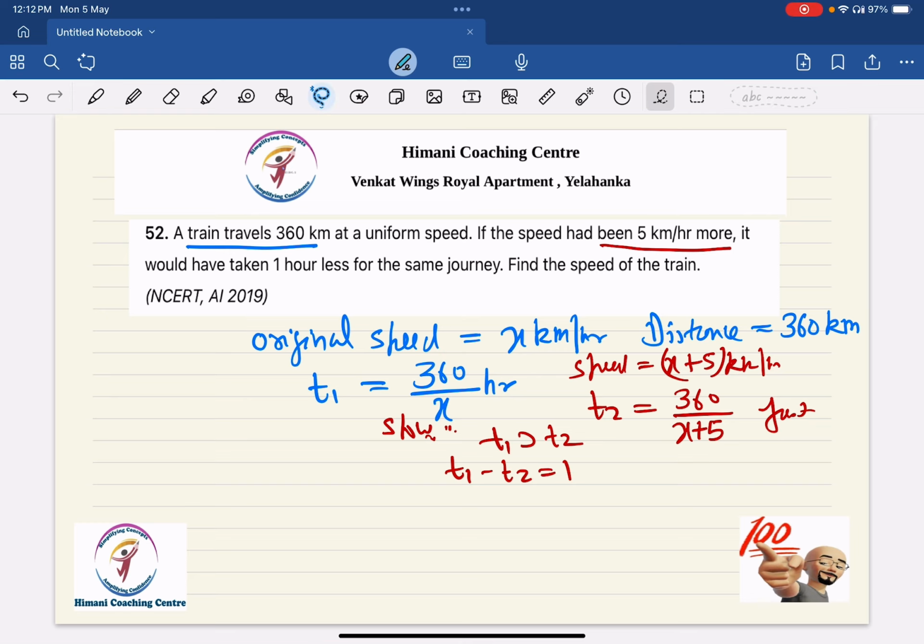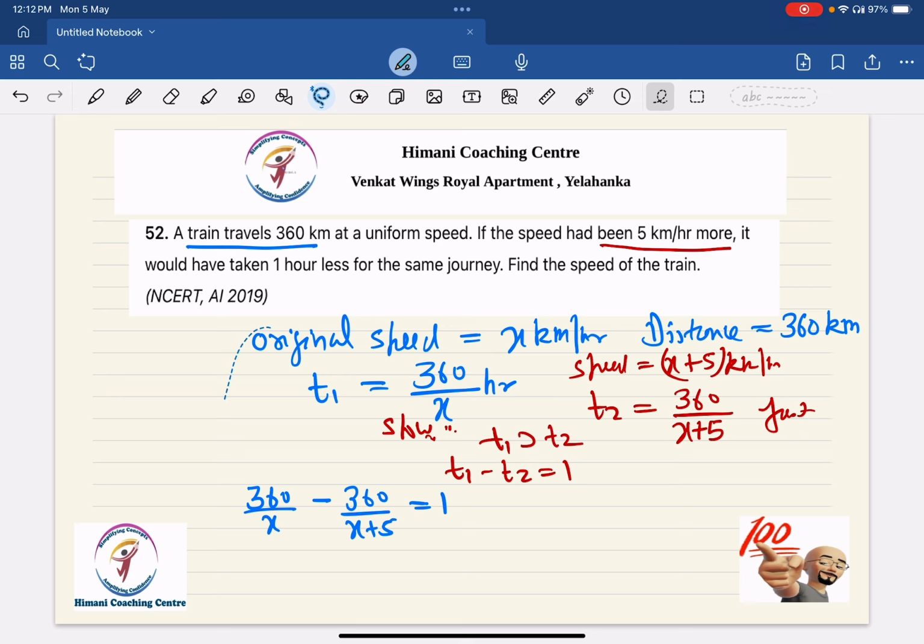So let us now make the equation and solve this. So we will write that 360 over x minus 360 over x plus 5 is equal to 1. Sometimes in the question they give time in minutes, so convert that into hours by dividing it by 60. That's very, very important. Keep that in mind.